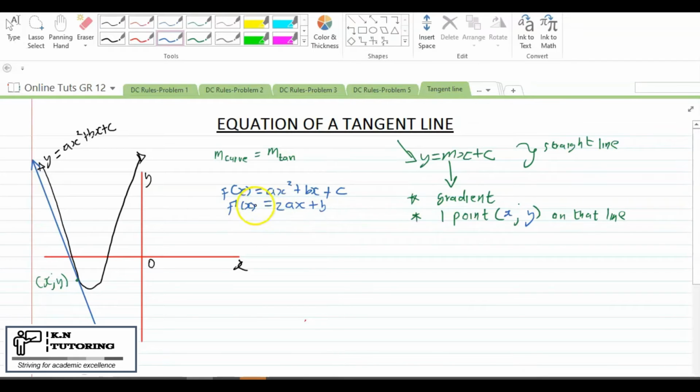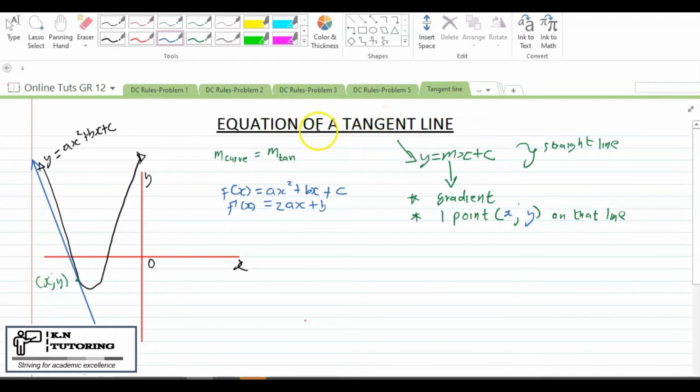Then you can equate the gradient of the curve to the gradient of the tangent, because when these two graphs meet, they have the same gradient, and then you can calculate the equation of the tangent line.